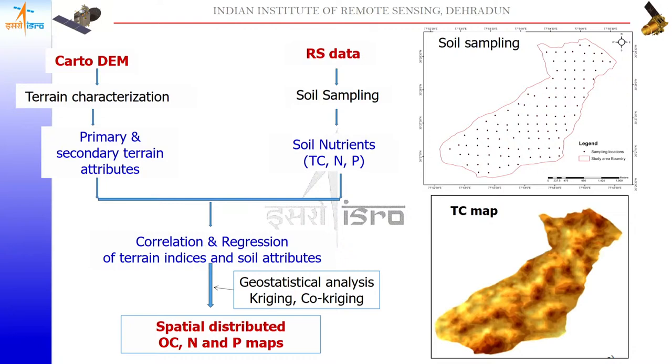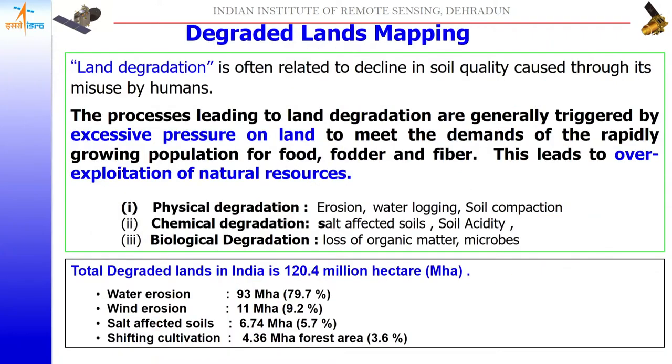We made the geostatistical analysis, kriging and co-kriging, to prepare the nutrient distribution map. We can project an organic carbon, nitrogen or phosphorus map. So this type of mapping of nutrients or individual soil properties comes under digital soil mapping.